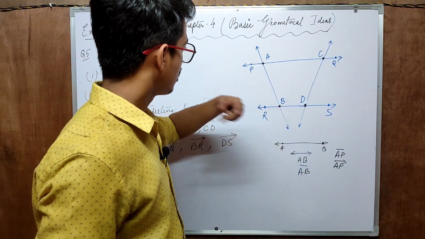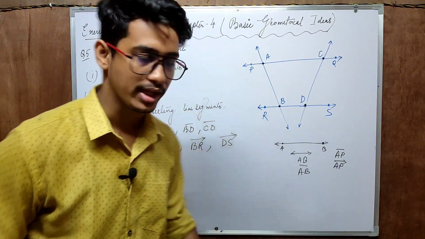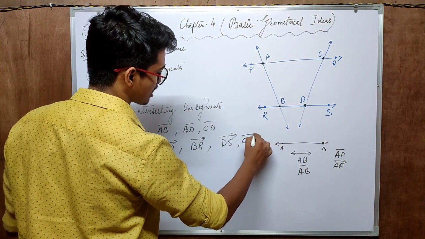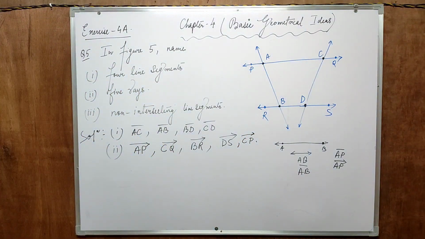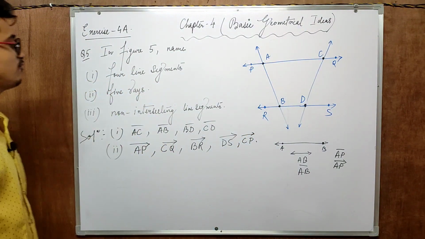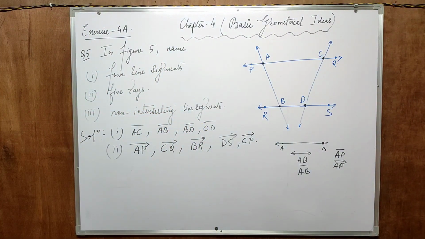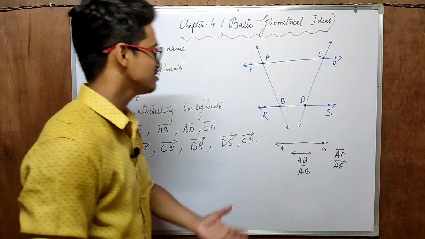You could also take DR as another ray, or BS, and so on. So I put CP as my fifth ray, because I have to write down 5 rays. After that, let's move on to the last part, that is non-intersecting line segments.